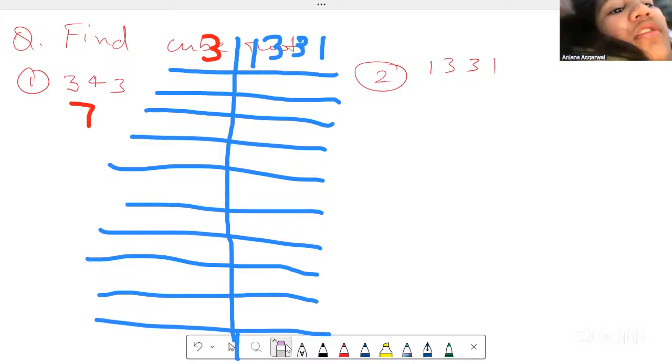Maybe 7 again. 7, 3, 6, 6, 63. I will try 3 again because I feel like it's 3. Not 3, not 5, not 7. 9.